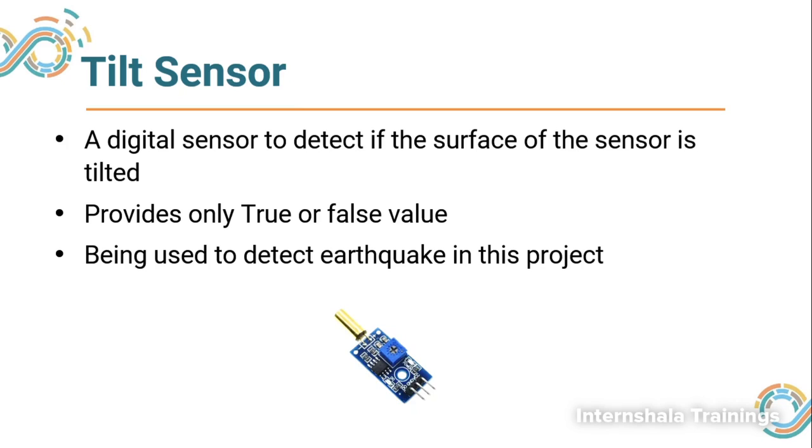We are saying when there is an earthquake this sensor is going to shake or possibly tilt, and then it is going to give us the signal that yes, there is an earthquake. So not exactly an earthquake sensor, but it can be used as one.